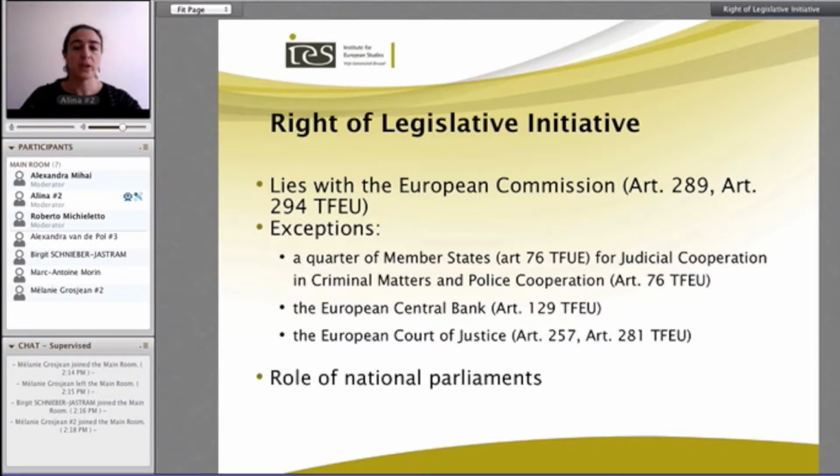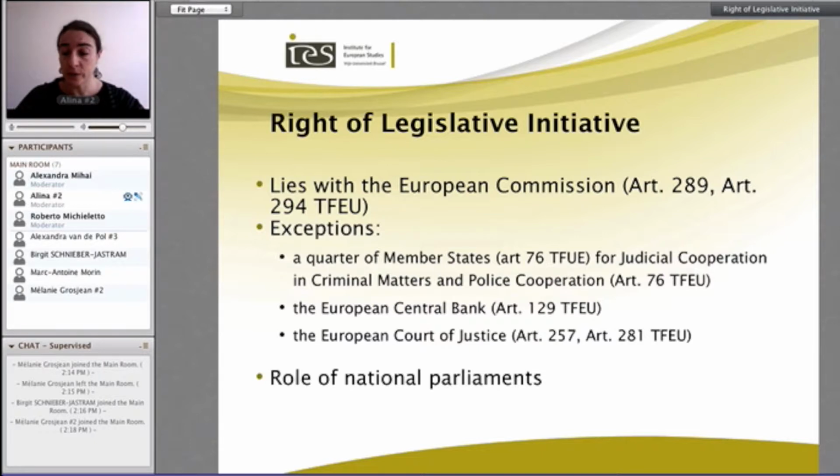What's also crucial, but is not here on this slide, is the so-called citizens' initiative. This is also being brought by the Treaty of Lisbon. And here, if we have 1 million citizens that come from about 1/4 of the European Union member states, that means about 7 member states out of the 27, they can also ask the European Commission to launch an initiative in a certain area, be it in the area of environment or any other area concerning the competences of the European Union.